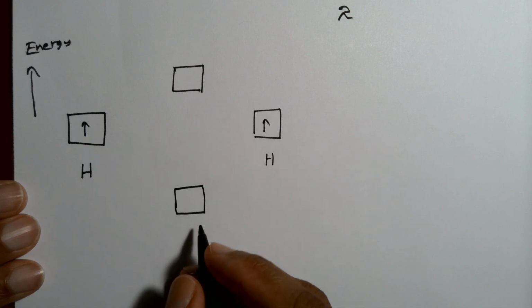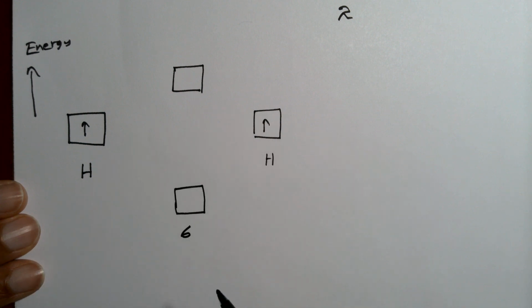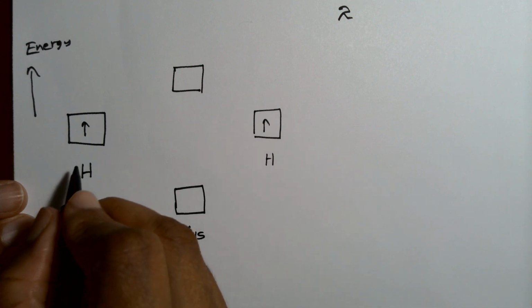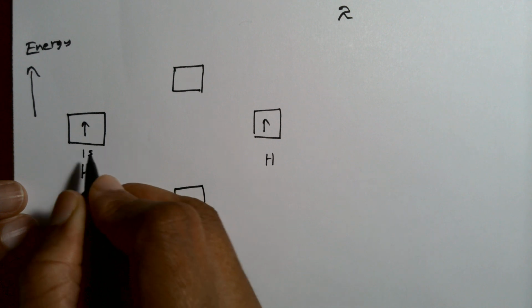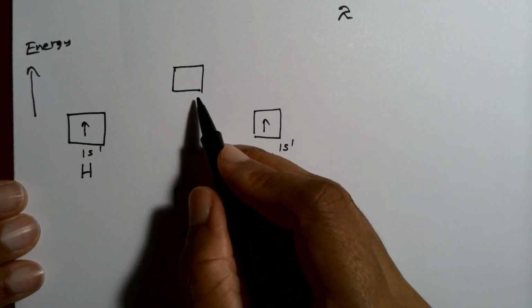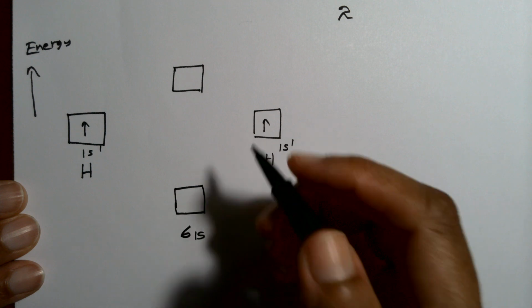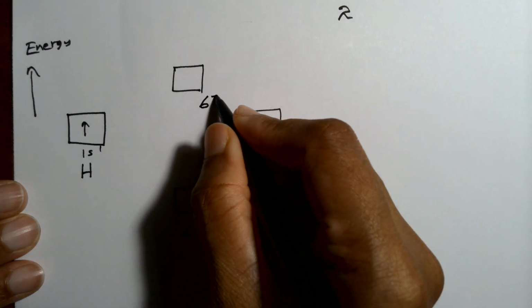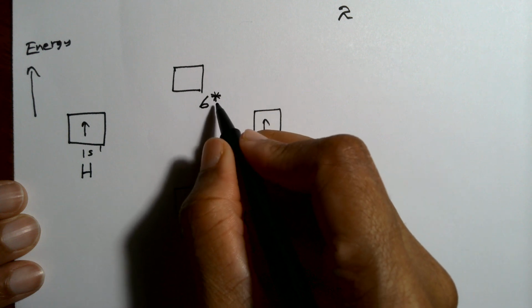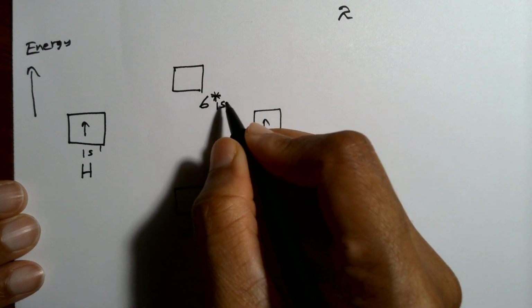The lowest energy one we name sigma, or bonding molecular orbital. We name this sigma 1s because this is from 1s1. The anti-bonding molecular orbital is also sigma, however, to indicate anti-bonding, we put an asterisk: sigma star 1s.